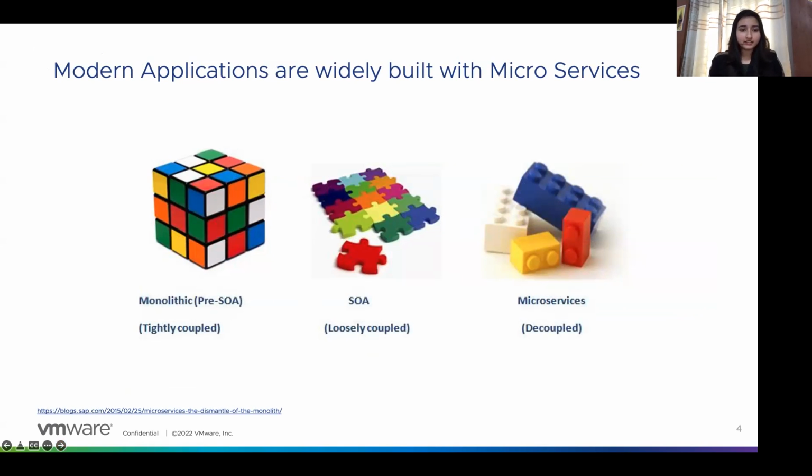Here we can understand the differences between a monolithic application and a microservices application. In a monolithic application, as we can see in the picture here, it's a Rubik's cube. We cannot change just one cube of the Rubik's cube without changing the others, which means in order to make a change in any part of the application, the entire code needs to be compiled.